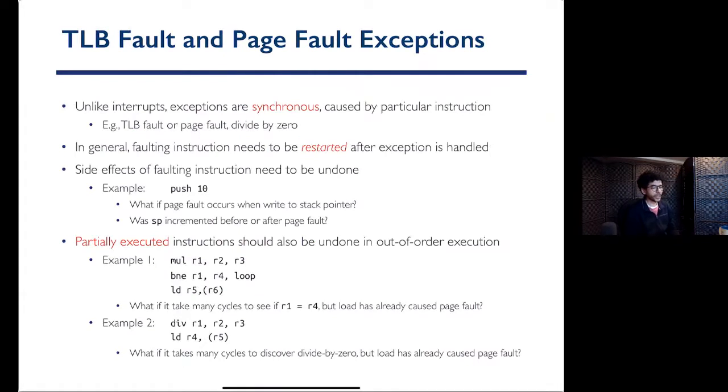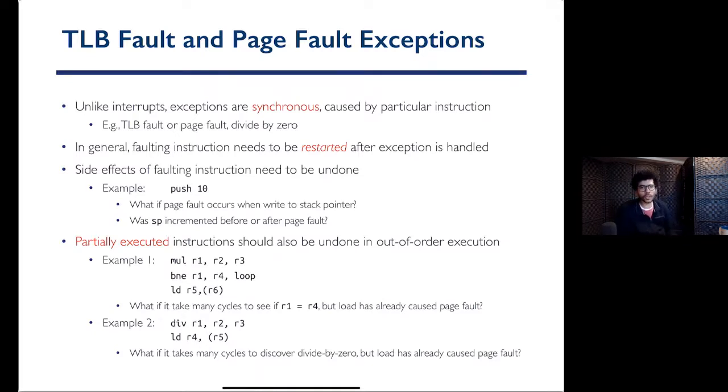Okay, so continuing on this, when any kind of exception happens, if you remember from operating system concepts, exceptions were caused by the program. So they were synchronous, meaning that, for example, you have a divide by 0.